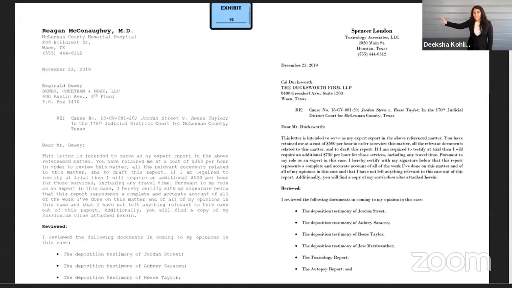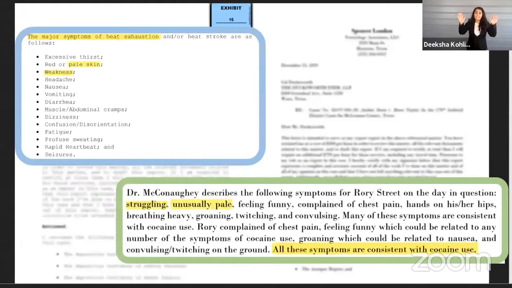And Exhibit 18, the defense's expert report. The symptoms of heat stroke caused by cocaine are identical to the symptoms of heat stroke caused by anything else. Those signs were in front of the defendant's face, and the defendant didn't stop pushing Rory. That's negligence.